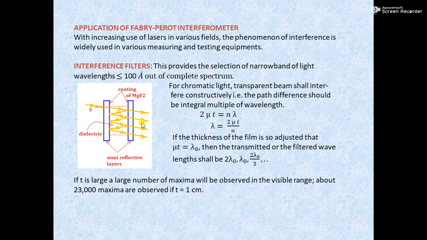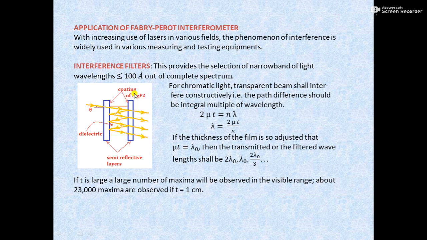a thin transparent dielectric sandwiched between two optical plane parallel glass plates. The inner surfaces of the glass plates are coated with a thin layer of high quality reflecting material.